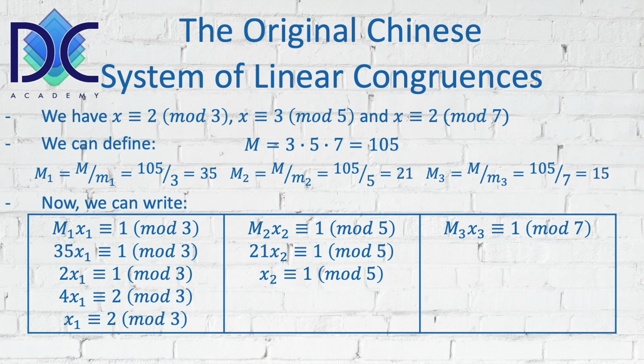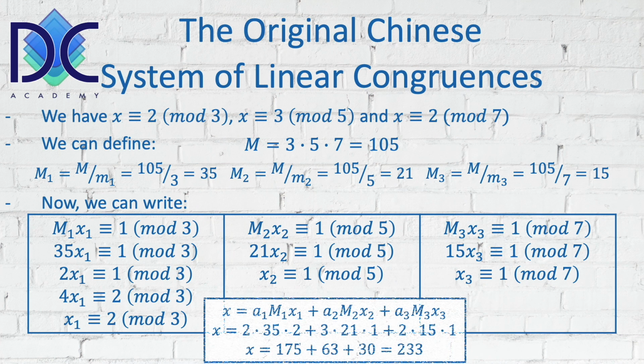For the third and the last, we can have here 15x3 is congruent with 1 modulus 7. So we can say that 15 is 2 times 7 plus 1. So we can replace this congruence by a simplified version, which is x index 3 is congruent to 1 modulus 7.